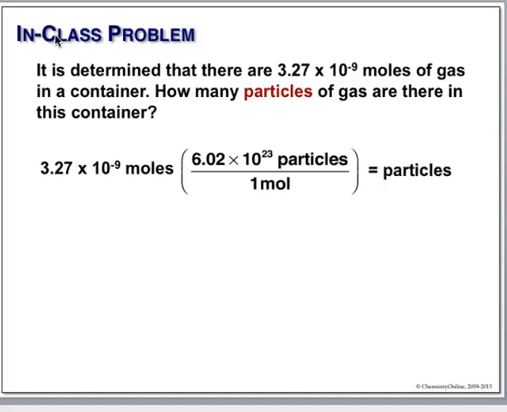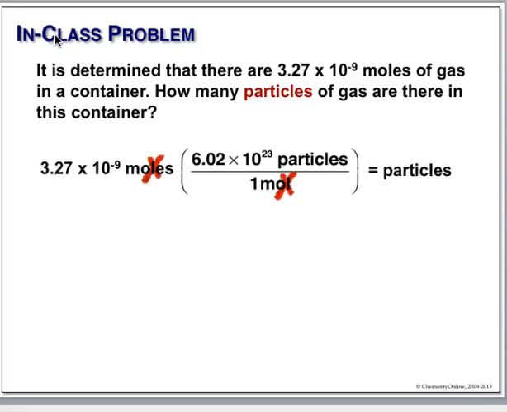Moles will cancel, and we're left just with particles. Now deliberately, I wrote this out as moles, and this is MOL. You will see moles written as moles, as MOL, or as MOLE. It's all the same thing.